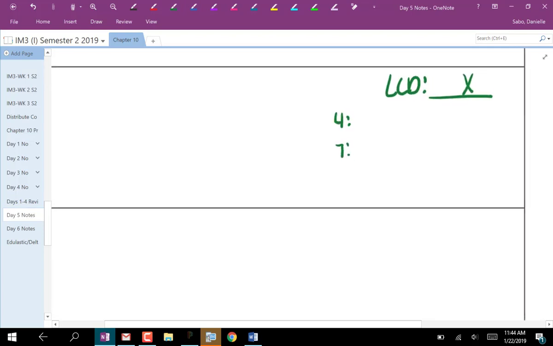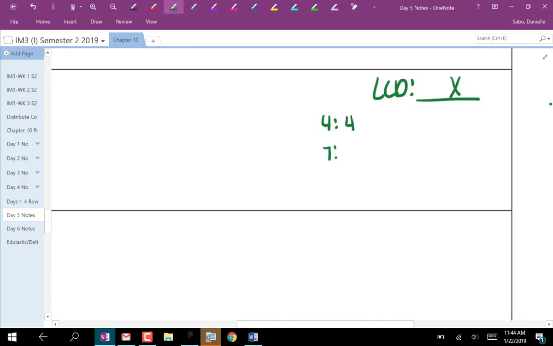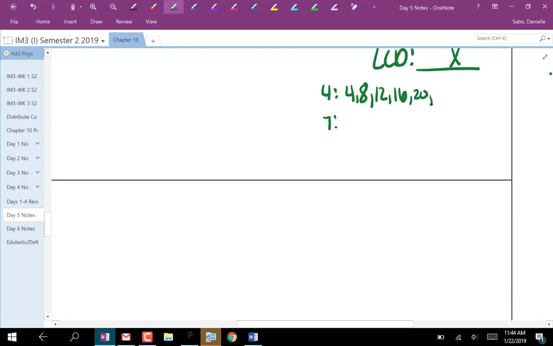Okay, 4. Let's go in order. 4 times 1 is 4. 4 times 2 is 8. 4 times 3 is 12. 4 times 4 is 16. None of them can be divided by 7. That's why I keep going. 4 times 5 is 20. Still can't be divided by 7. 4 times 6 is 24.